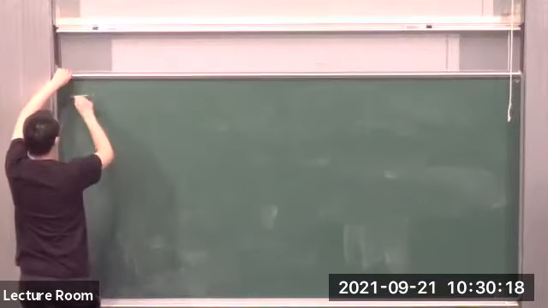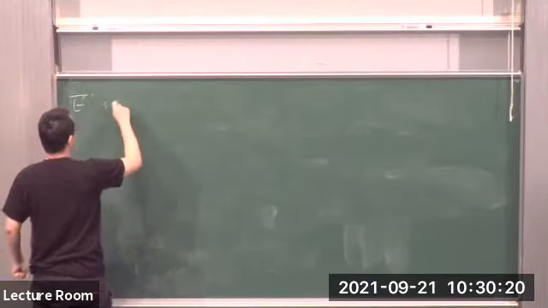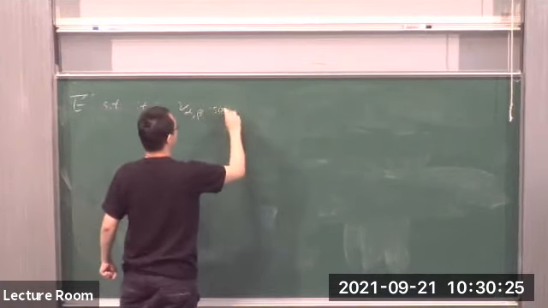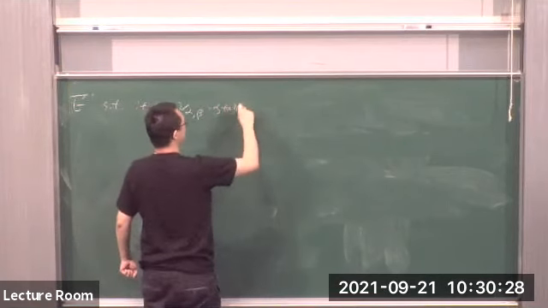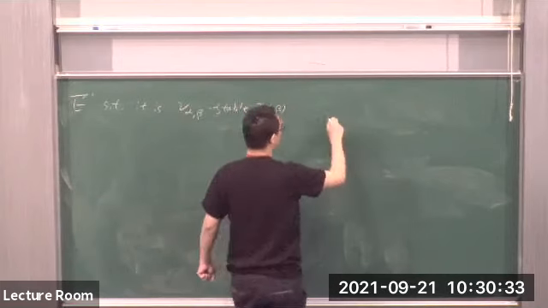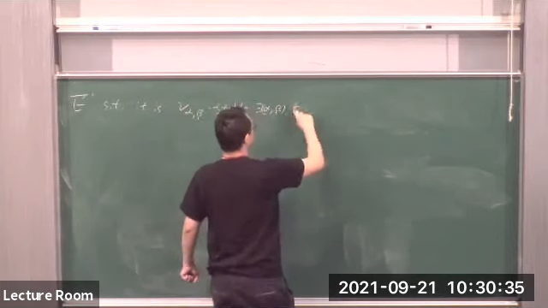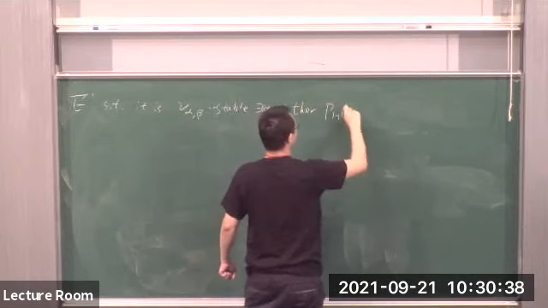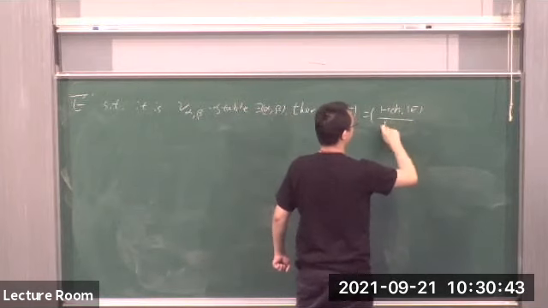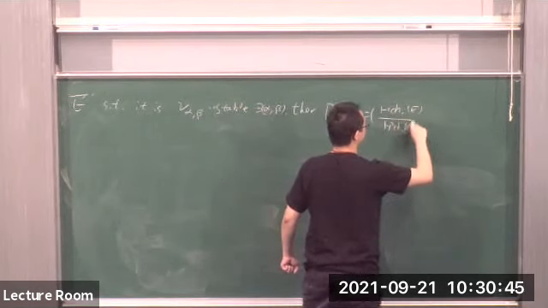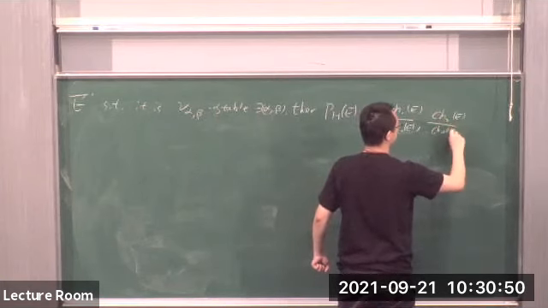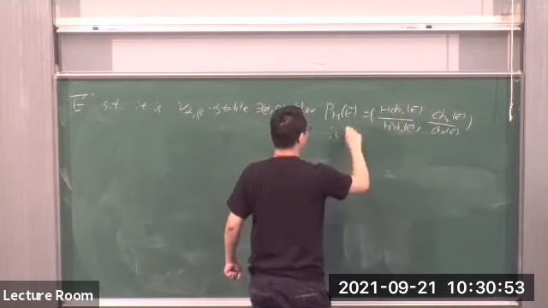So let E be an object such that it is nu_{alpha,beta} semi-stable for some alpha beta inside the region that I didn't write out. Then the point (h^0 of E, h^1 of E, ch_2 of E over ch_0 of E) is below gamma.